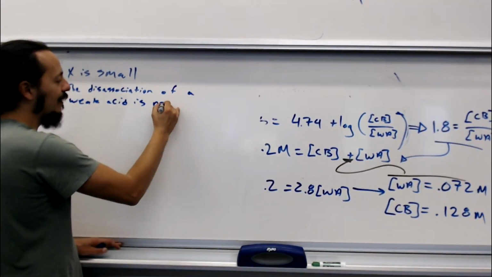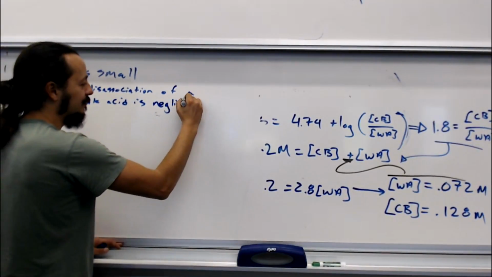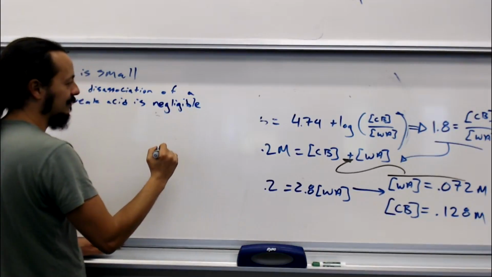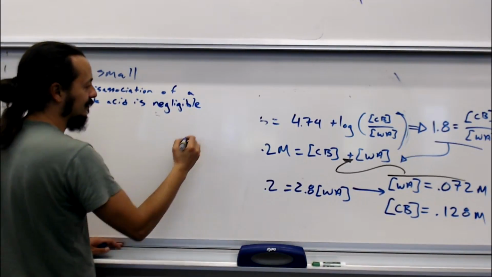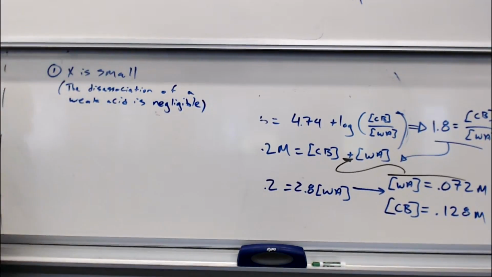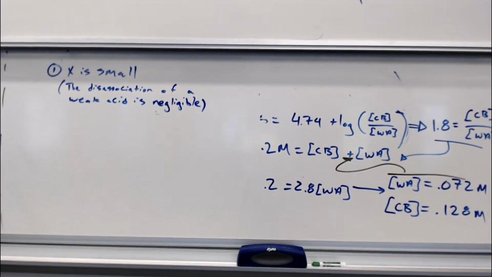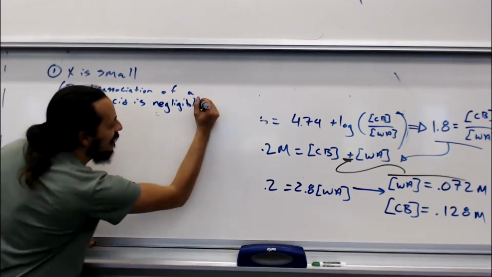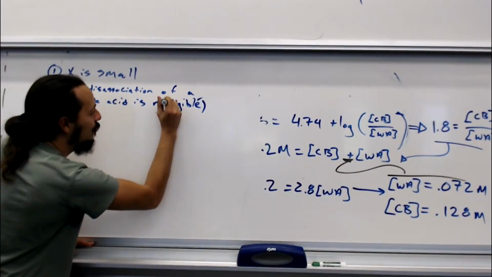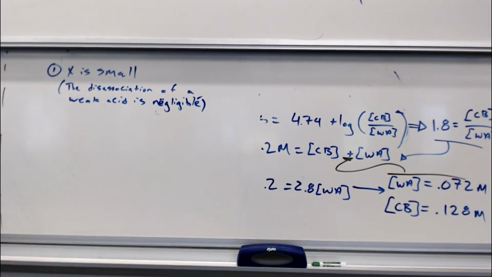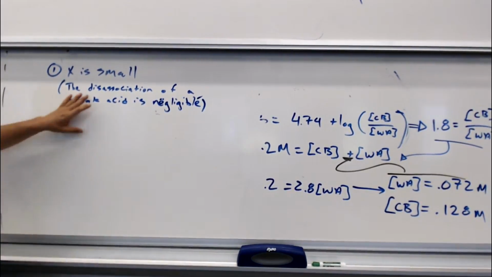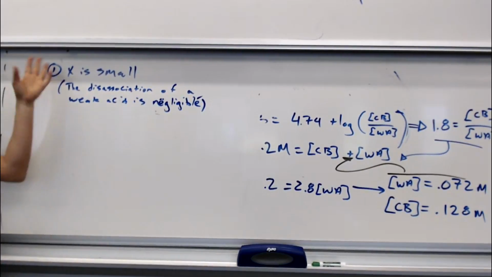How do you spell negligible again? I put an E on the end too. Negligible. The disassociation of a weak acid is negligible. We just call that the X is small approximation.